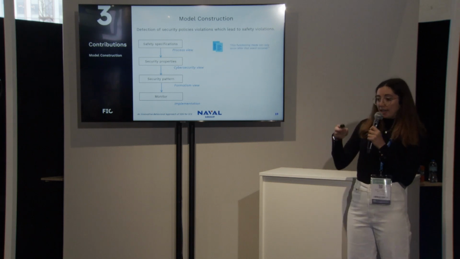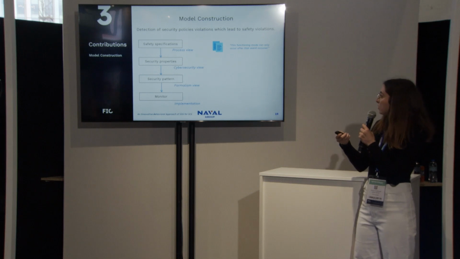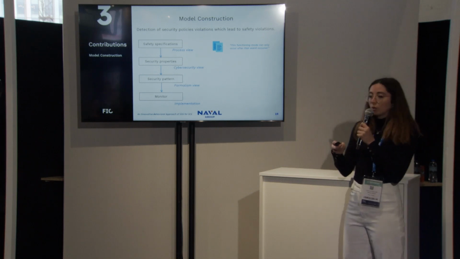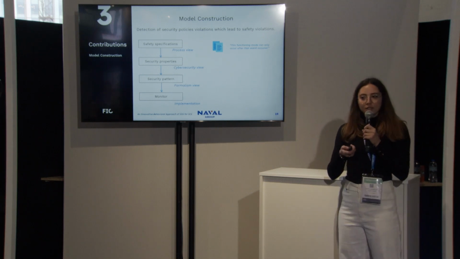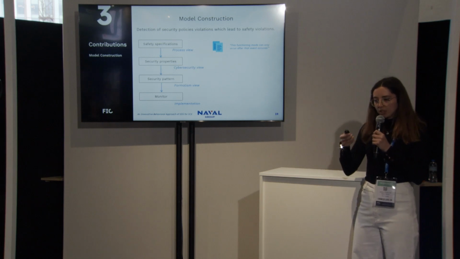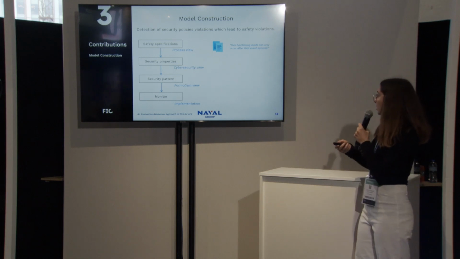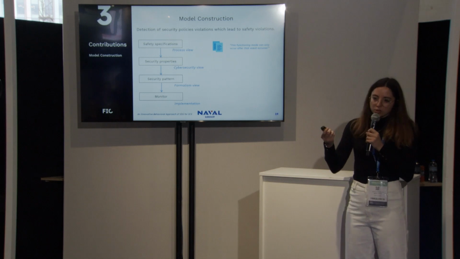Then we translate this safety specification into a security property. What we call a security property has a meaning at the network level. It is what we call the cybersecurity view.